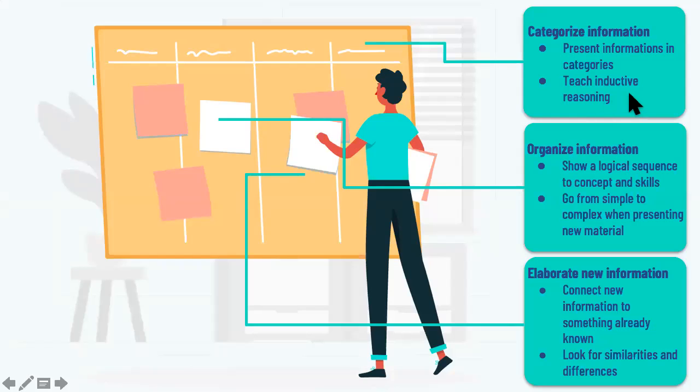And teach in inductive reasoning also. And of course, we have to organize our information, showing a logical sequence of the concepts step by step, and the skills introduced to the students step by step also. Go from simple to complex, in terms of the level of information or skills presented to the learners.